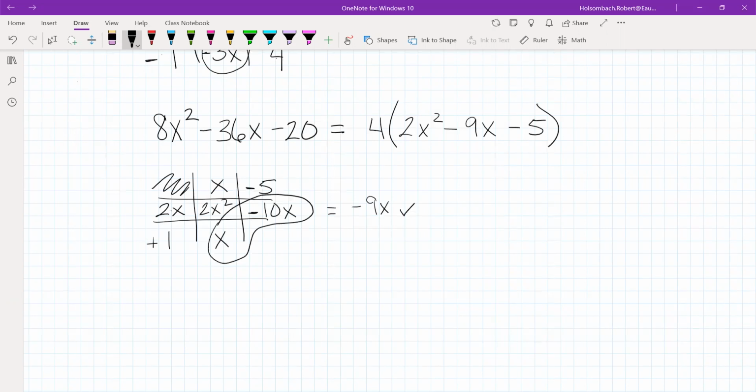That works. And our positive 1 times negative 5 is negative 5. So those are our 3 checks. So our factors are, don't forget the 4, we got 2x plus 1 times x minus 5.